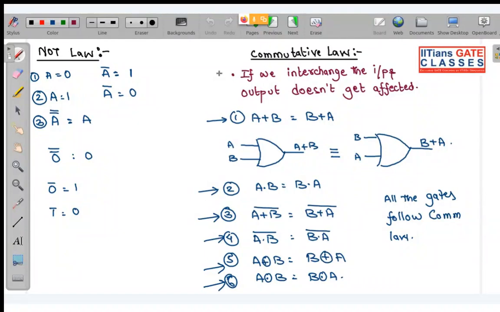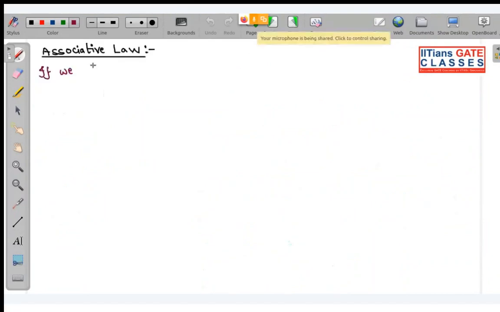So it's like if we perform an operation between A and B and then perform the same operation with C, it will be equal to performing the same operation between B and C and then performing the same operation with A. Okay, fine. So in language, what should we write?